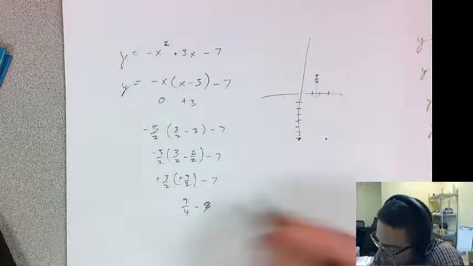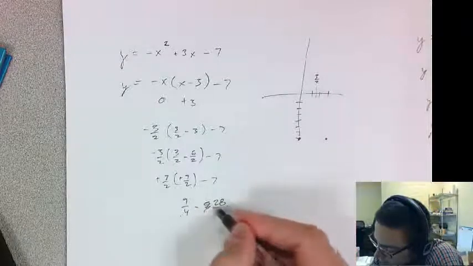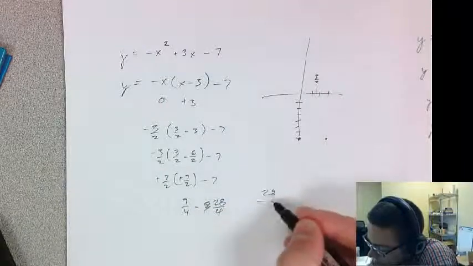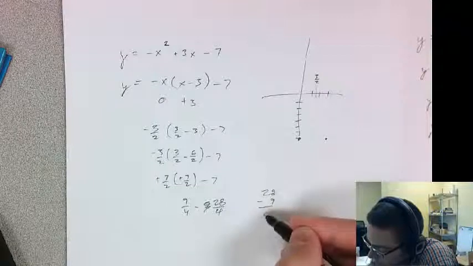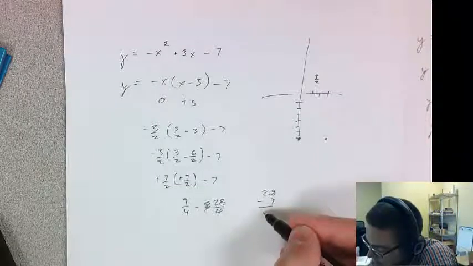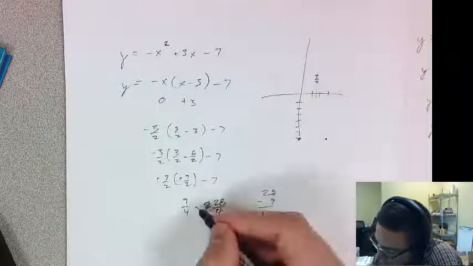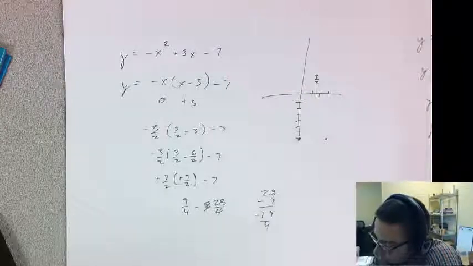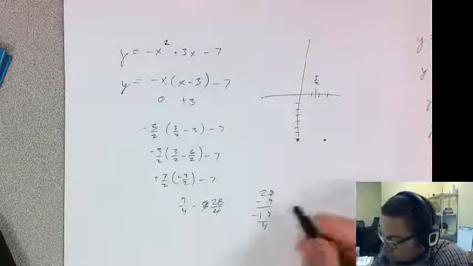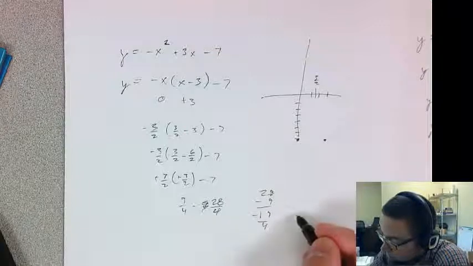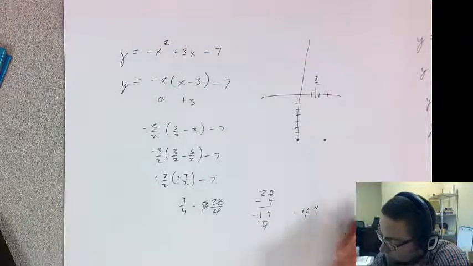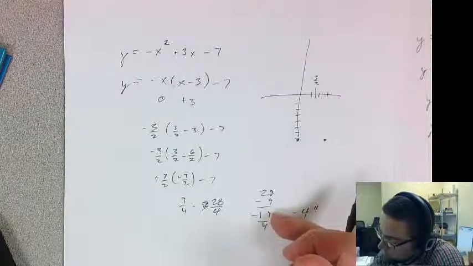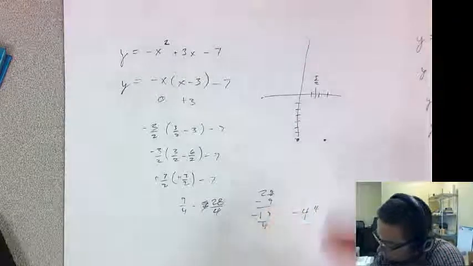And then 7, I'm going to replace with 28 fourths. So 9 minus 28 would be negative 19, so it's negative 19 fourths. 4 goes into 19 4 times with a 3 remainder.